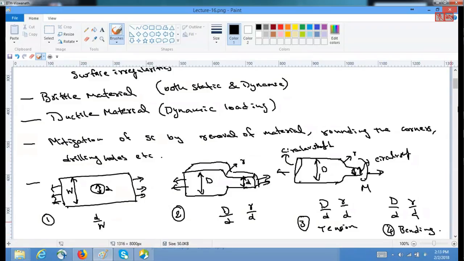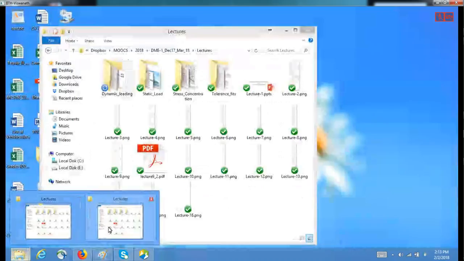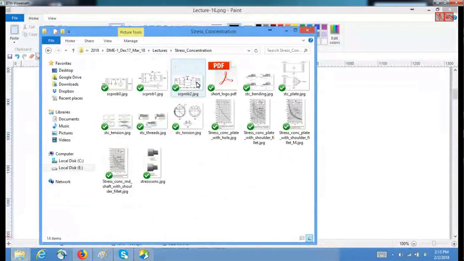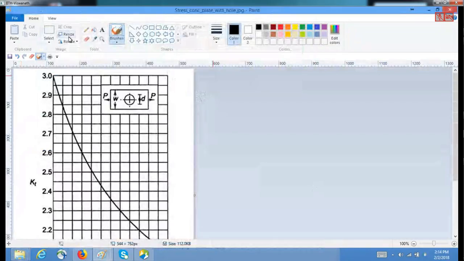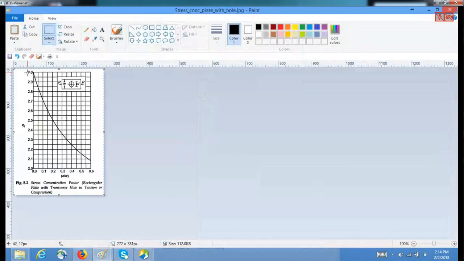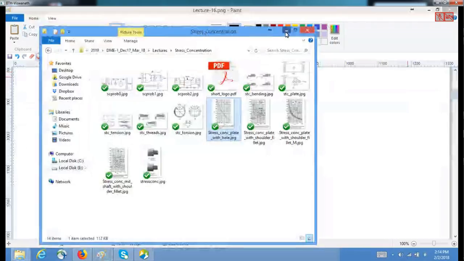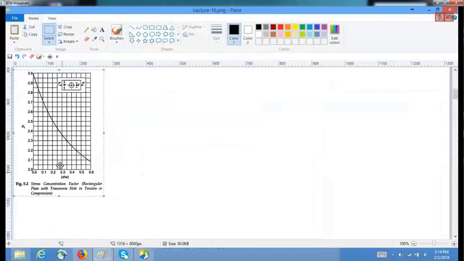So let me summarize those tables here again. This is the first case when you have W by D, and based on this we have given the stress concentration factor.